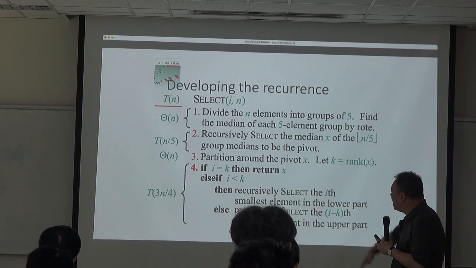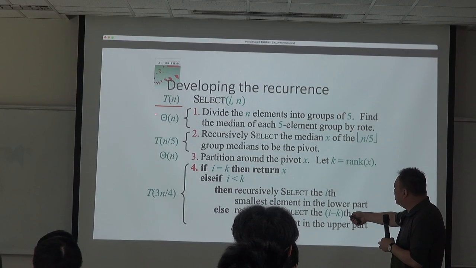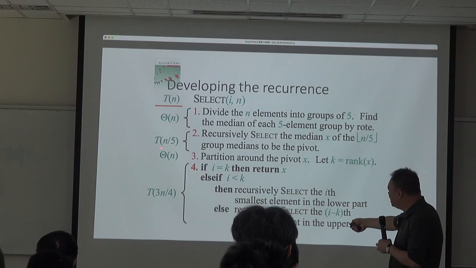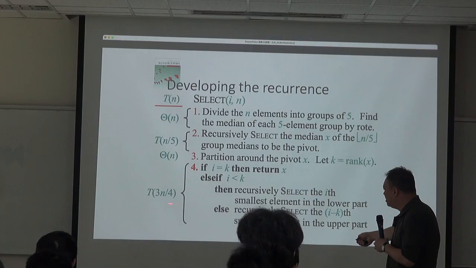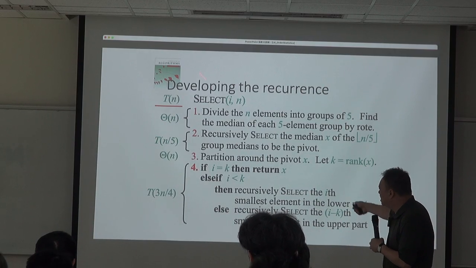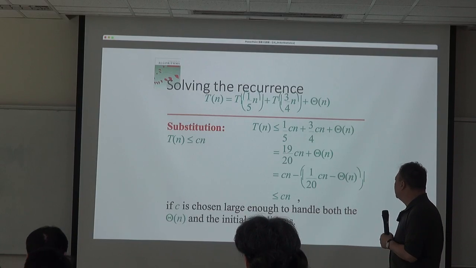If you add them up, T(n) is going to be linear time plus T(n/5) plus linear time plus T(3n/4). It's the summation of all this, which is what?